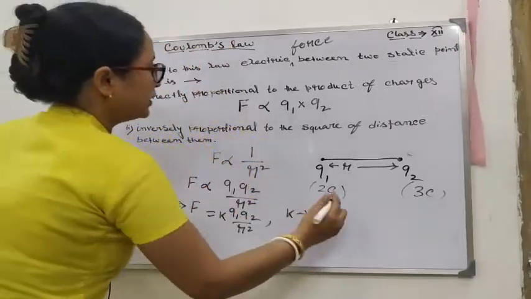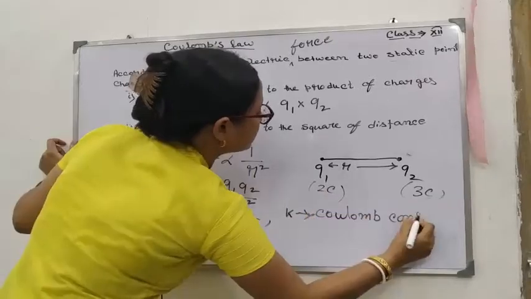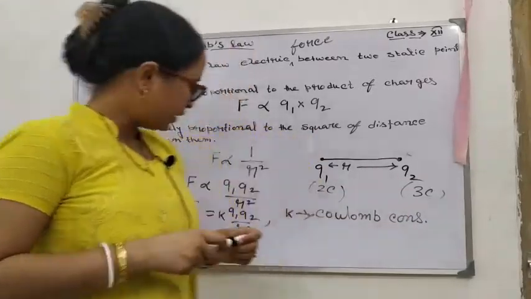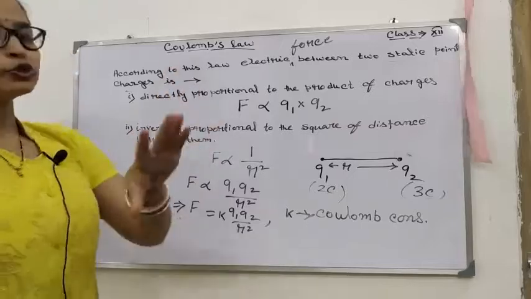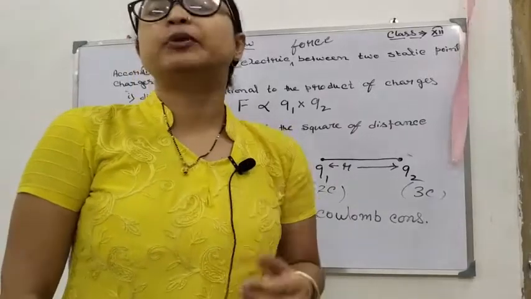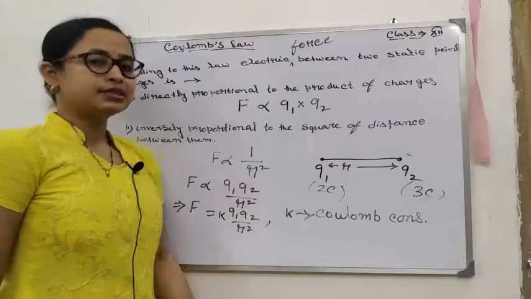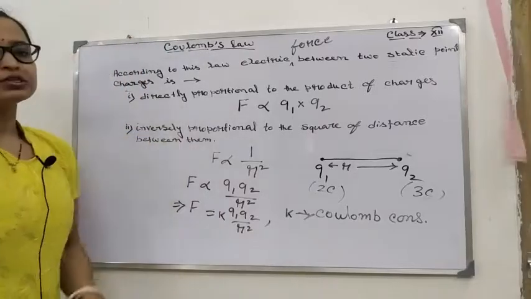Clear? If a 2 marks question is there, write the statement of Coulomb's law, then you have to write up to this. In the formula also half marks is there, so you can take a snapshot of this.